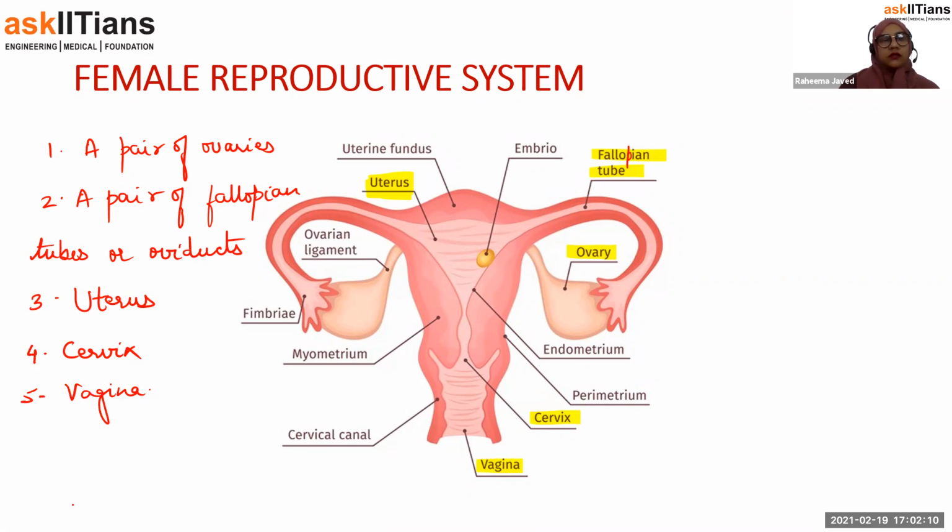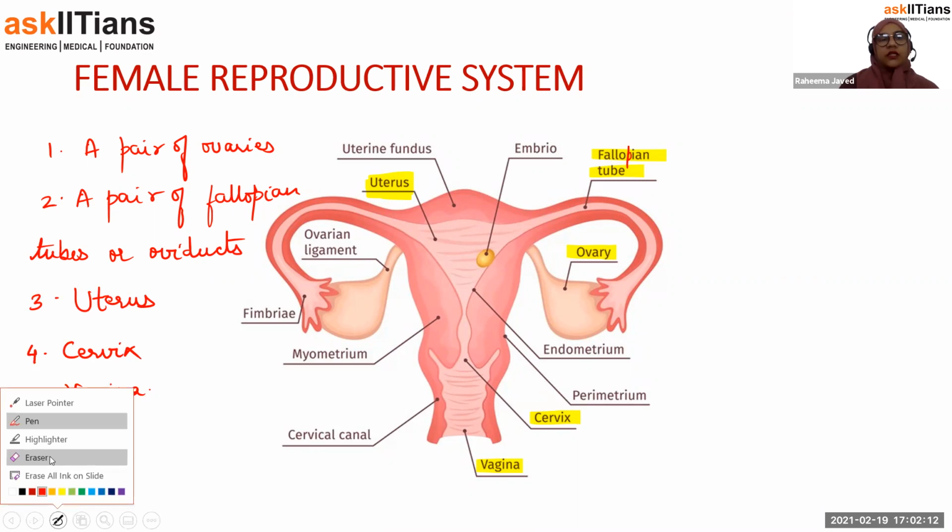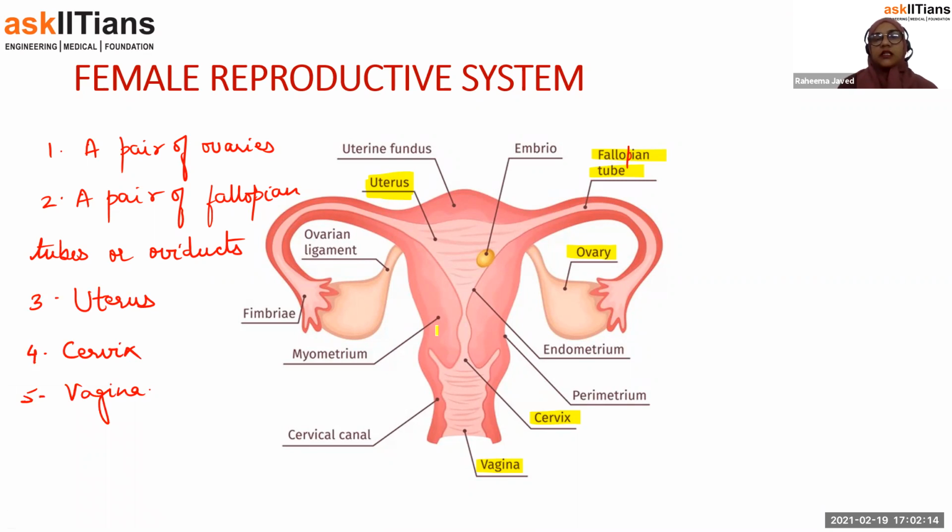The lining of the uterus is very thick and it consists of three layers of muscles.